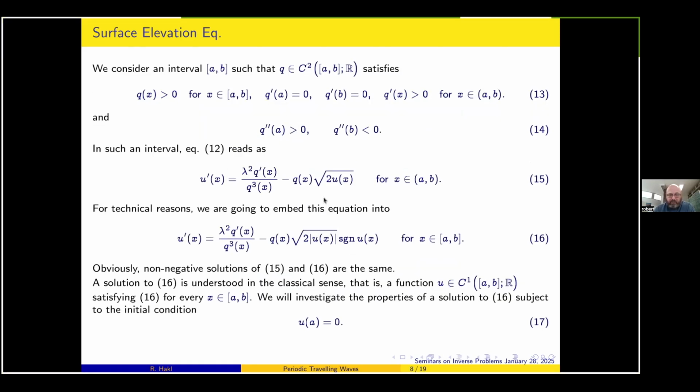That is why we look for the solution to the equation 16. By the solution of 16, we understand the function that is C1 and satisfies the equation 16 for every x from the interval AB, and is subject to the initial condition U at the point A equal to 0.